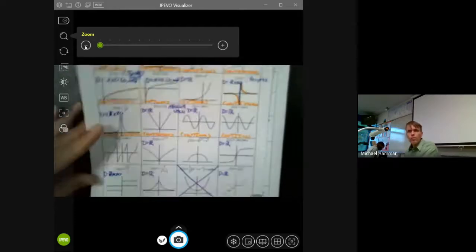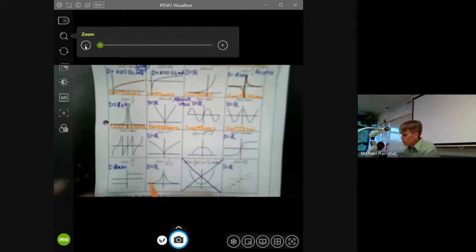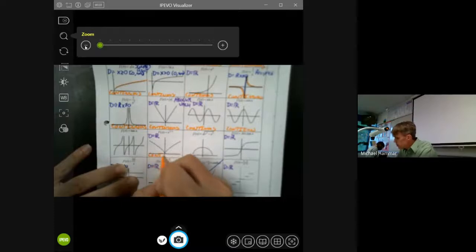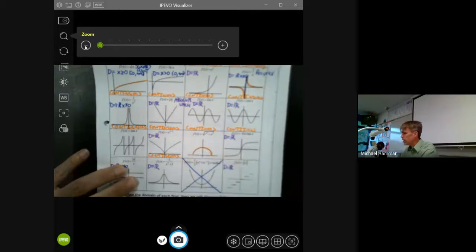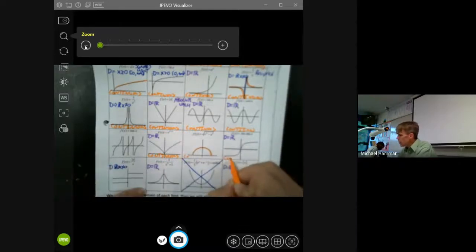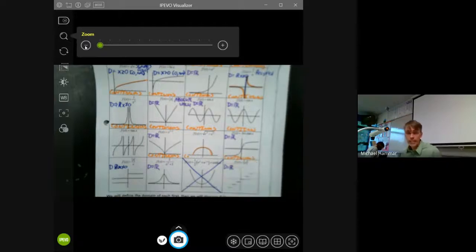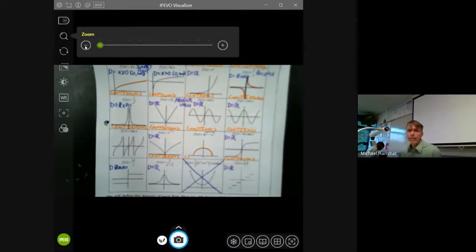Looking through all of these, you can go through the rest. Continuous. This, on its domain, would be continuous. So these parent functions are all continuous on their domains. And that's what I want you to understand: you have to define the domain first before we do anything else.